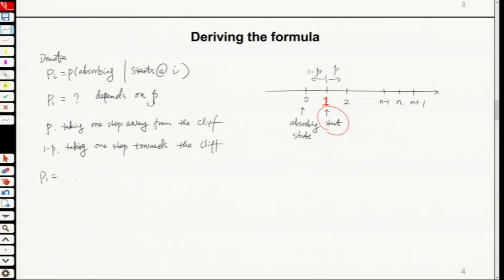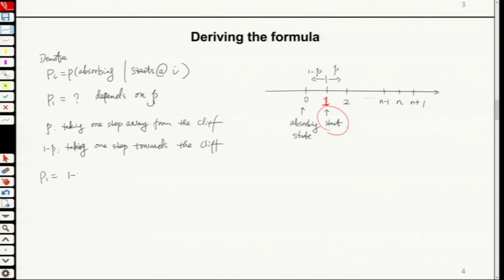And if we start at location 1, we have a probability to go right, and we have a probability to go left. So given the person goes to the right, so we have conditional probability here. Right? And this one will be given the person goes to the left.